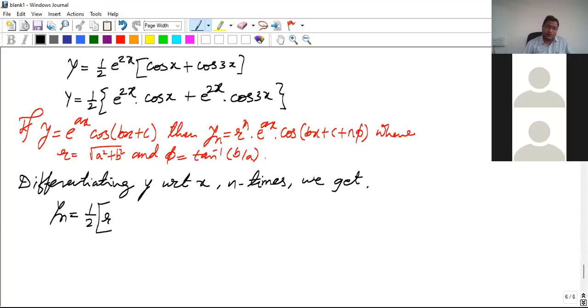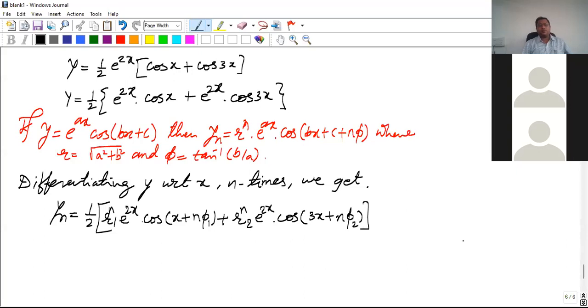So we will have r1 raised to n e raised to 2x cos of x plus n phi 1, plus r2 raised to n e raised to 2x cos of 3x plus n phi 2.